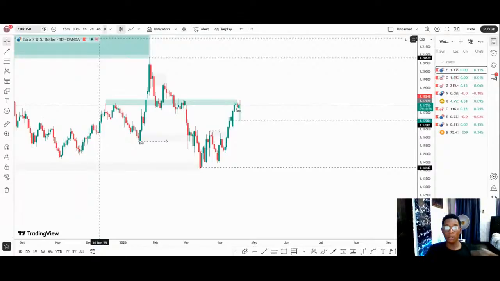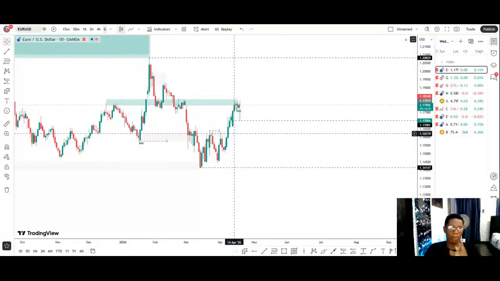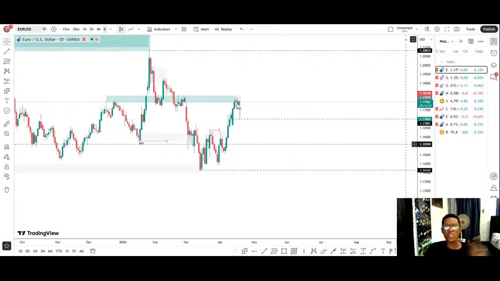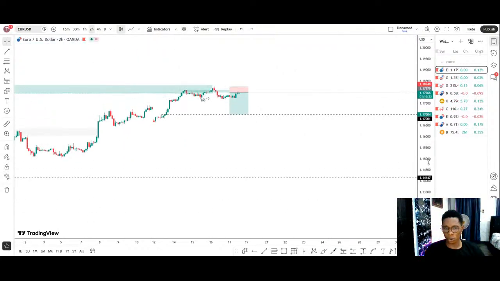Potentially, we should look for the break of structure on the 1 hour or 2 hours time frame. But on this particular trade, the break of structure happened on the 2 hours time frame, which gives me more confidence to hop in on this sell, another extra confirmation that I should participate on this sell. So now let's step down to the 2 hours time frame. Let me show you guys what is happening from the 2 hours time frame.